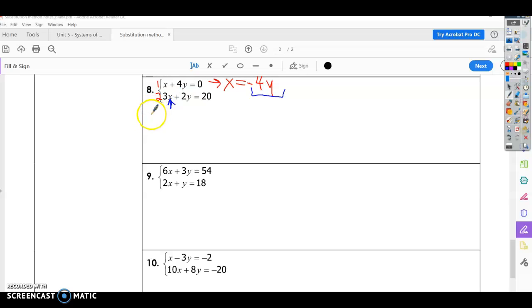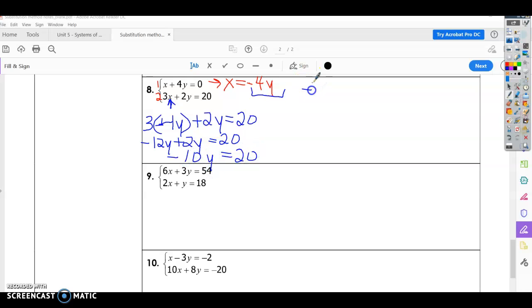So I'm going to have 3 times x plus 2y equals 20. So I'm going to plug in negative, don't forget my negative, negative 4y. And then that becomes negative 12y plus 2y equals 20. So I've got negative 12 plus 2, that's negative 10.